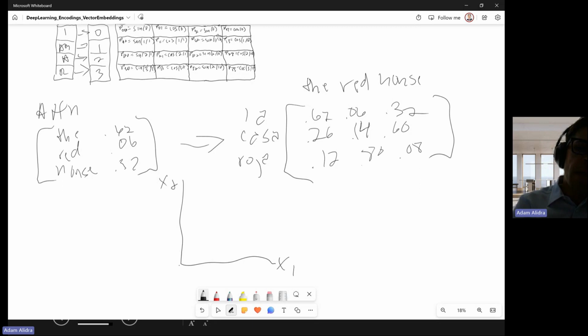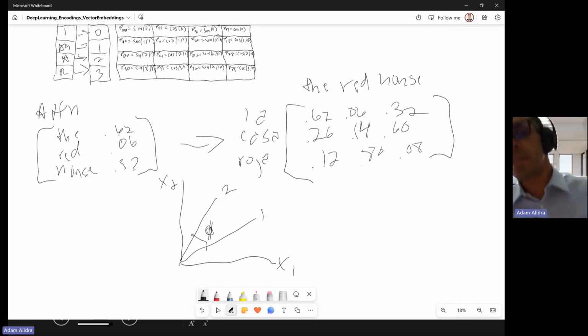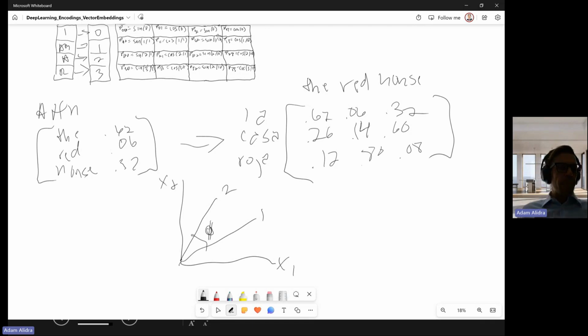So let's say you have a word one and you have a word two. The closer these two are together, in essence, the closer they are to one, the likelier that there's a similarity between the two words.